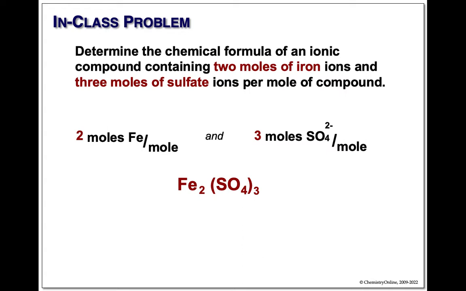Iron 3. Iron 3 sulfate. Remember, every sulfate is going to be a -2. That's 6 negatives. Each iron must be a +3. Remember, no space between the Roman numeral and the iron.